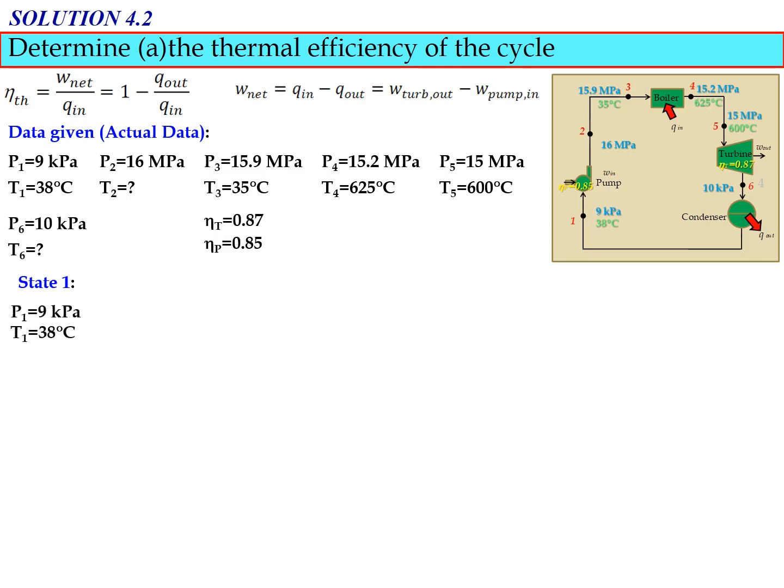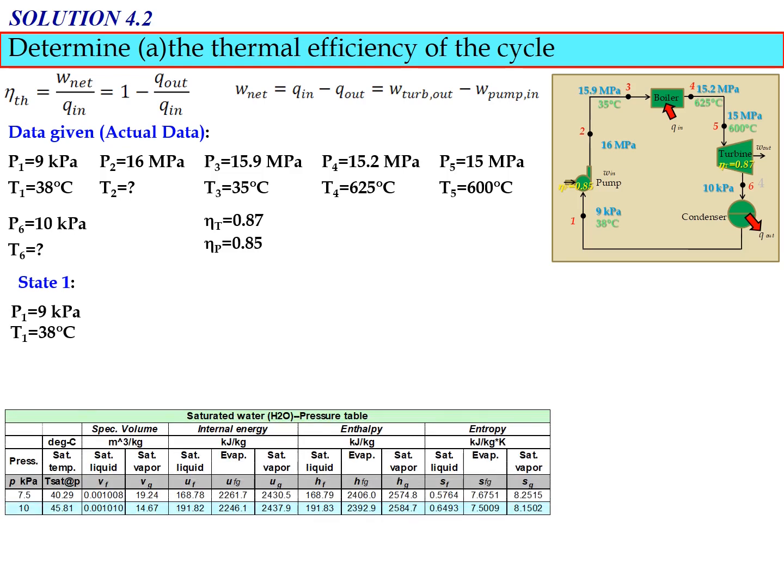Okay, for state number 1, we already have 2 data, P1 equal to 9 kilopascal and T1 equal to 38 degrees Celsius. So next we need to determine the phase or the condition of state number 1, whether compressed liquid, saturated mixture, or superheated vapor.